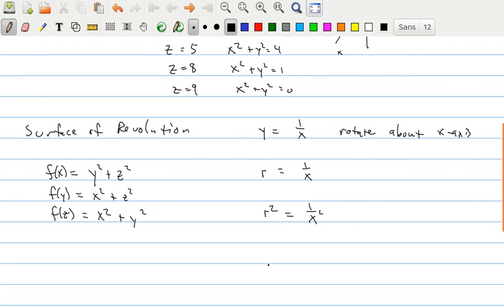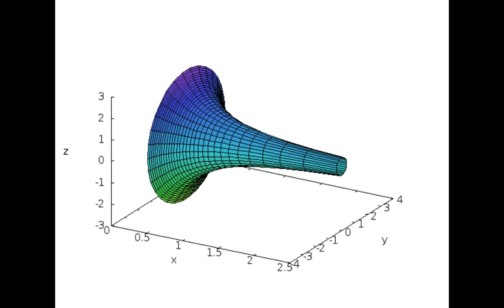And that can be represented from the x-axis by y squared plus z squared equals 1 over x squared. So this gives us the surface of revolution generated by rotating this about the x-axis. And graphically what that looks like is this picture right here. We've taken the 1 over x and we've spun it around the x-axis, and that gives us this shape right here.